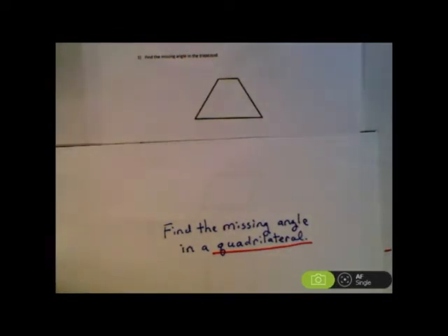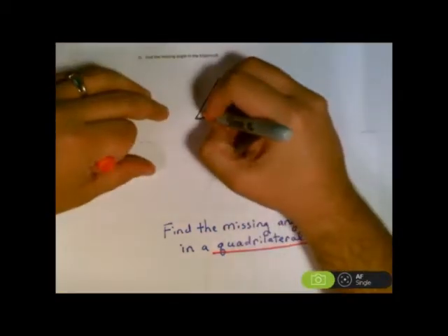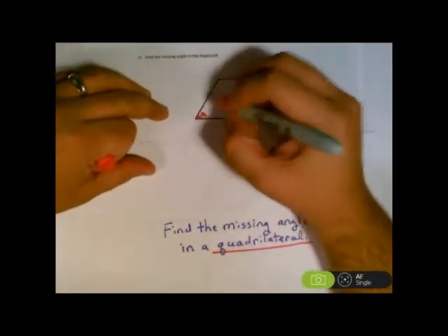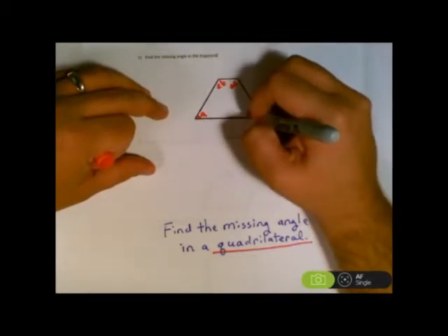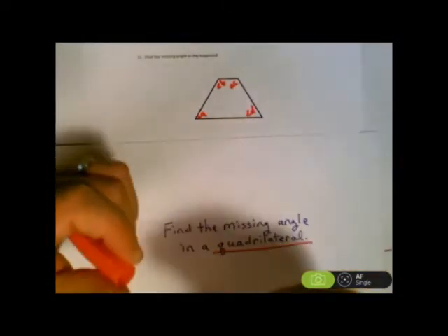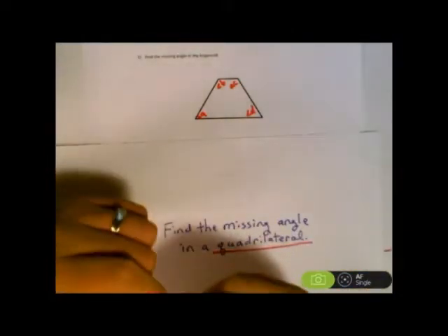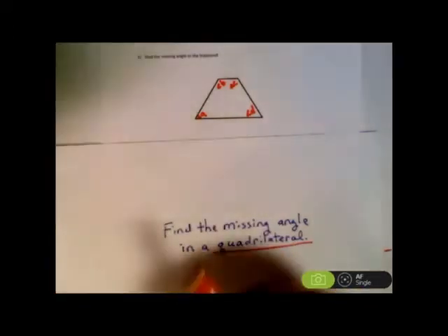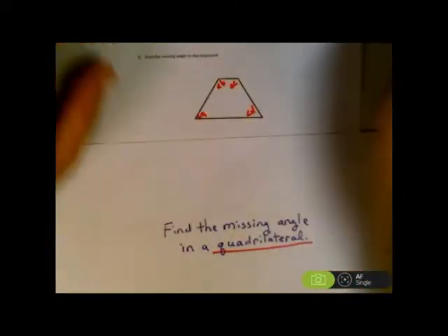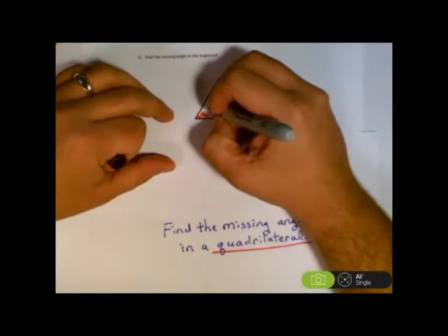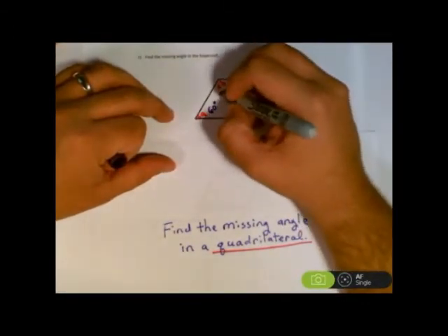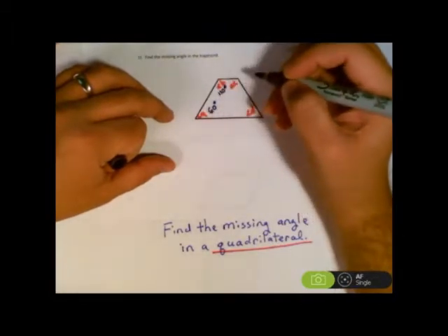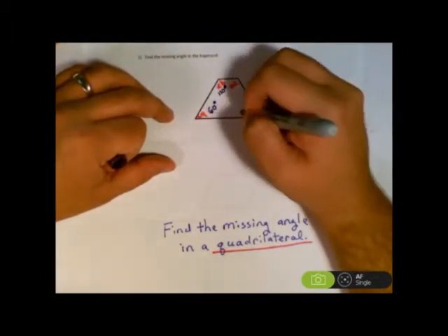Let us go ahead and name the angles A, B, C, and D. Let's say that the angles for the trapezoid are 60 degrees, 110 degrees, and 55 degrees.